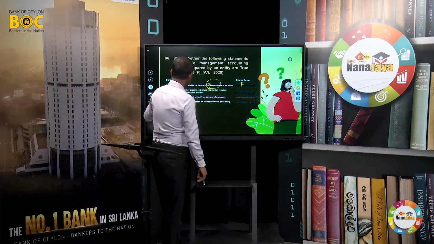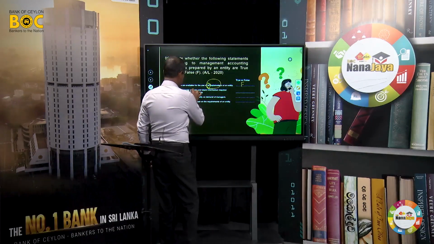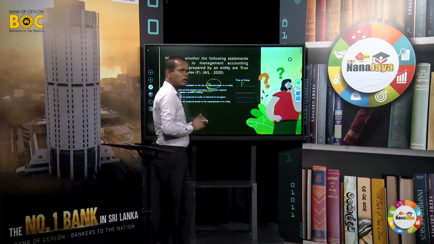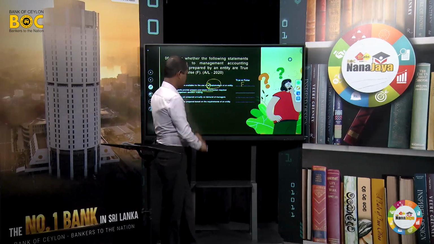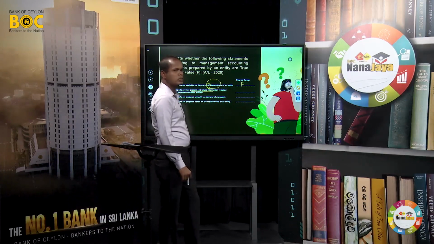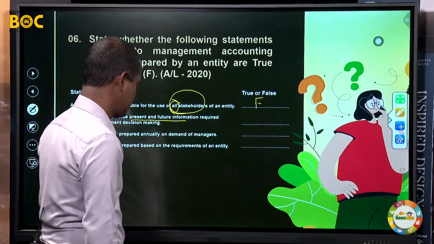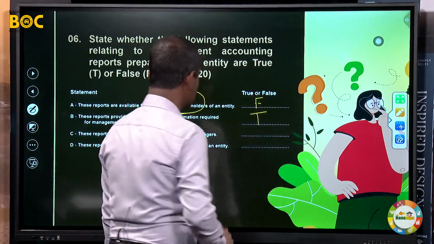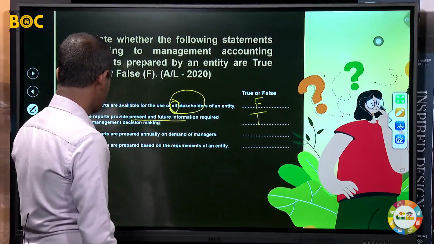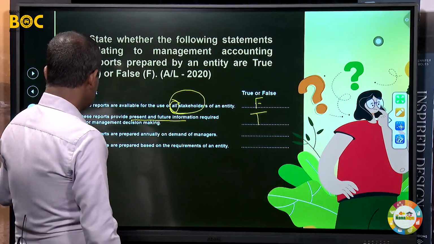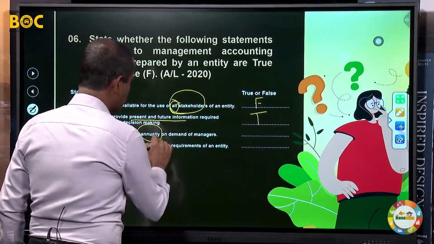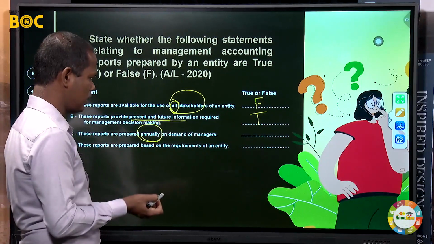These reports provide present and future information. Yes, in management accounting you focus on present and future both. Correct, the statement is true. These reports are prepared annually on demand.